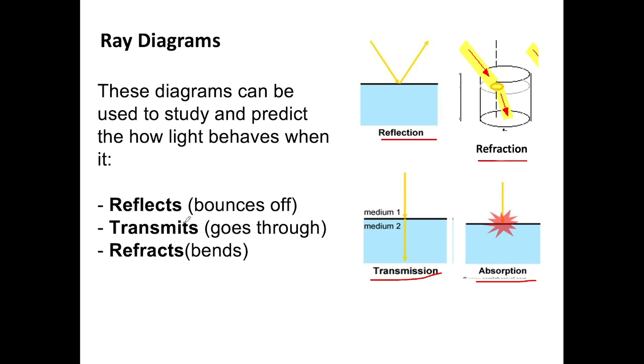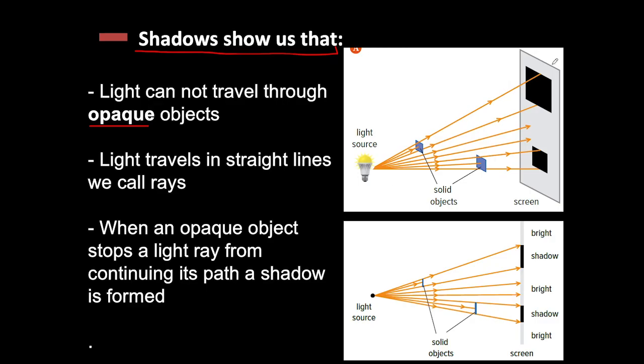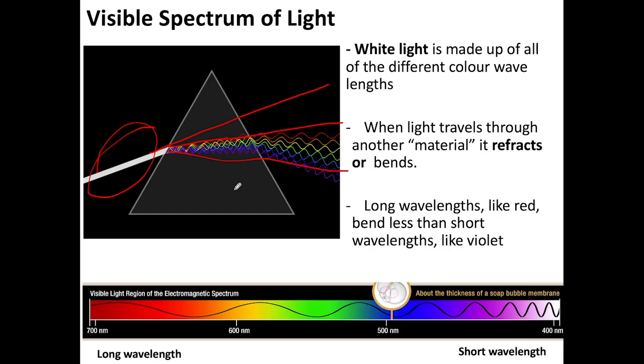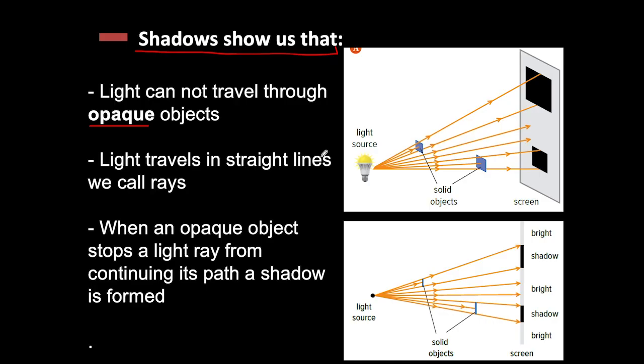Oh, and before we run off, I want you to remember that even though we're drawing light as a ray now, as a straight line, light is not traveling just in rays. It's a more simplified view of light traveling in a wave. If I had to diagram all of these different wavelengths, my diagrams would get quite messy.